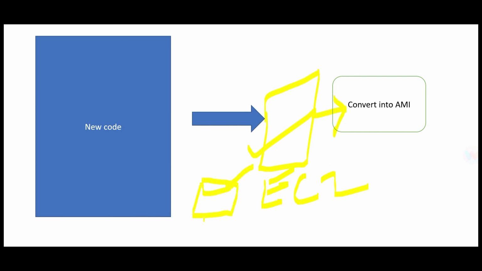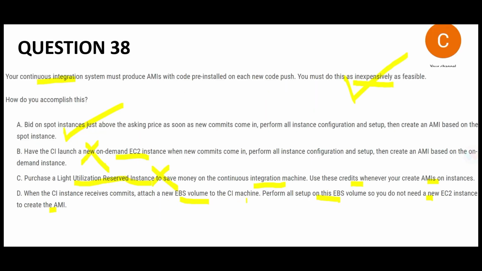What this option is saying is they will attach EBS to the CI machine. This is wrong, okay? And then it is telling that I will perform the setup and so on to create the AMIs, but this is wrong. This never will work. A is the right answer. It is the most inexpensive solution.